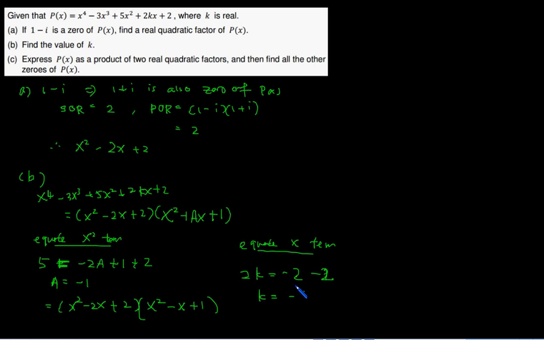Okay, so the total is negative 4. So 2k equals negative 4, and k is negative 2.